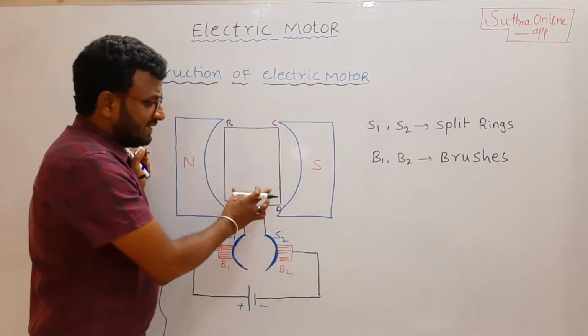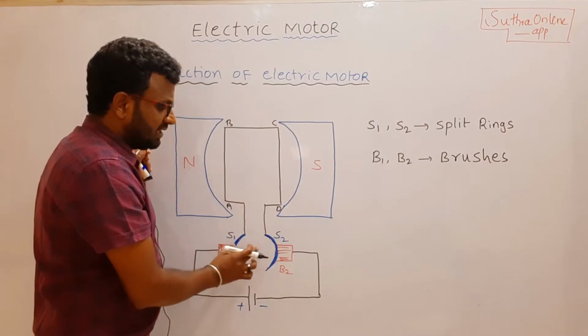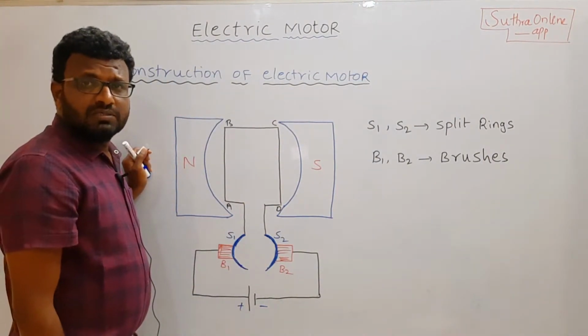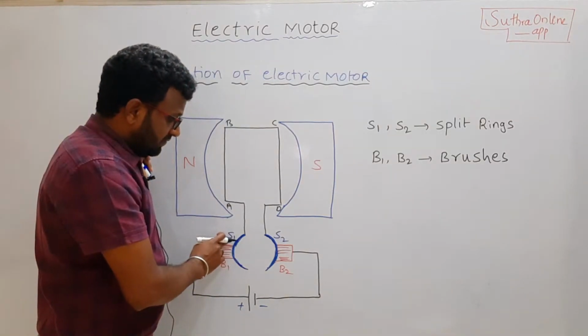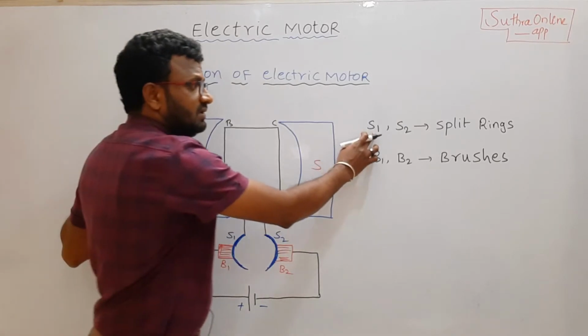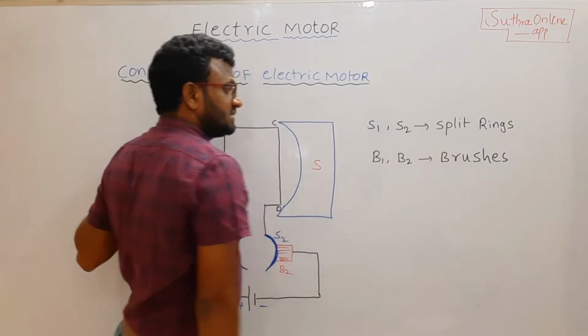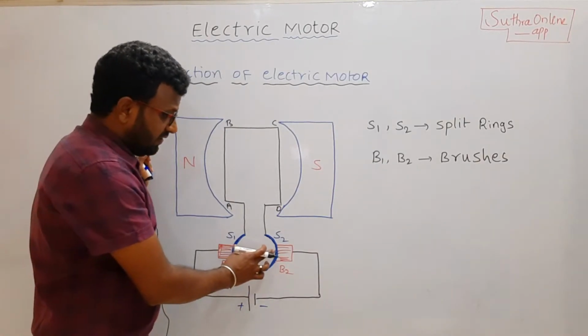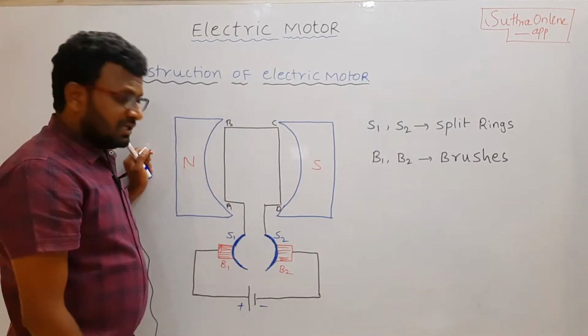Now coming to this rectangular coil, its ends are connected to two split rings. Here I have taken the two split rings as S1 and S2, and these two split rings touch the brushes.